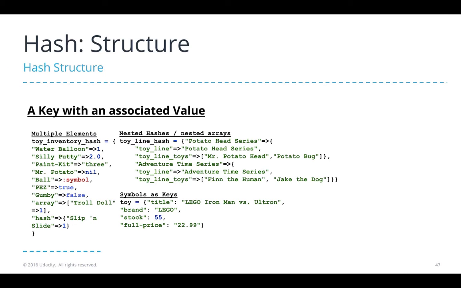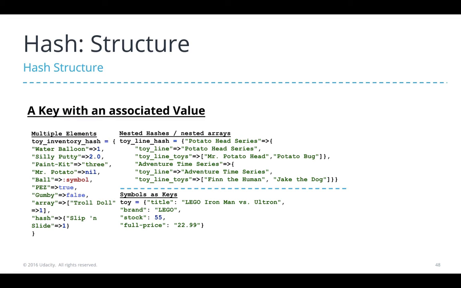Water balloon has an integer as its value, silly putty has a float, paint kit has a string, Mr. Potato has a nil value, the key of ball has a symbol as its value, Pez has a Boolean value of true, Gumby has a Boolean value of false, the array key has an array as its value, and the hash key has a hash as its value.